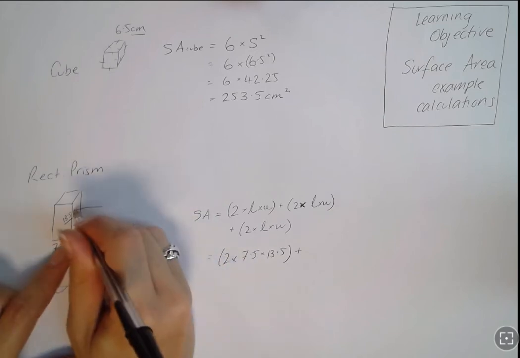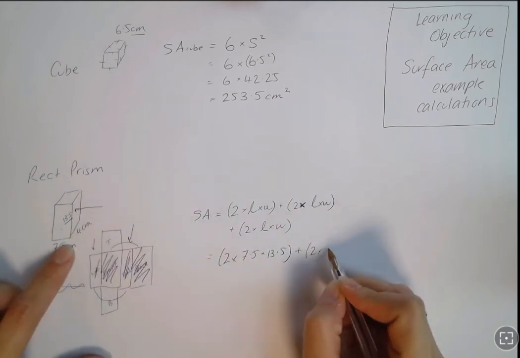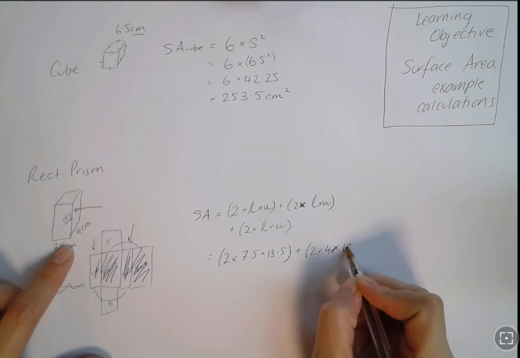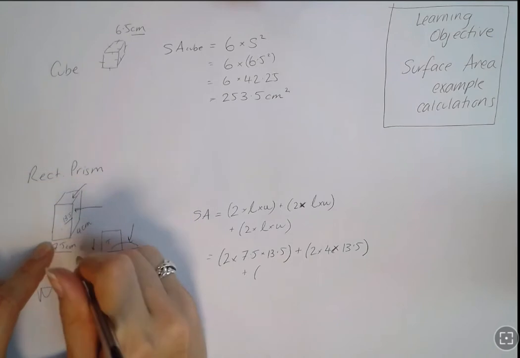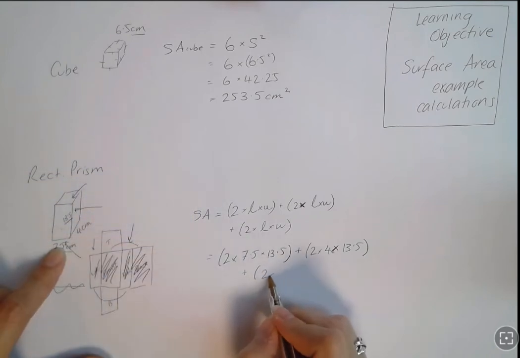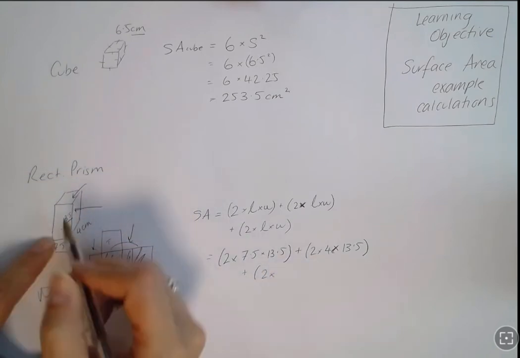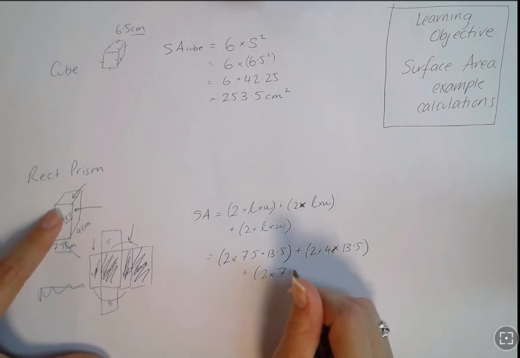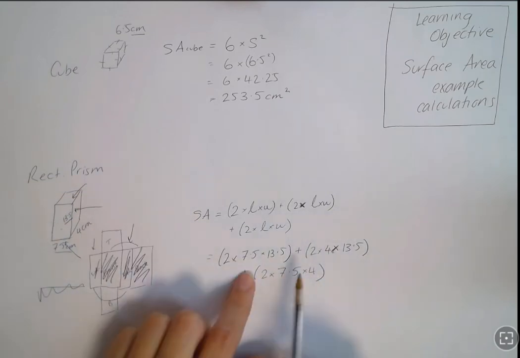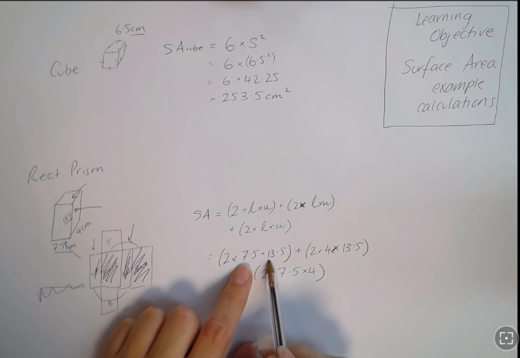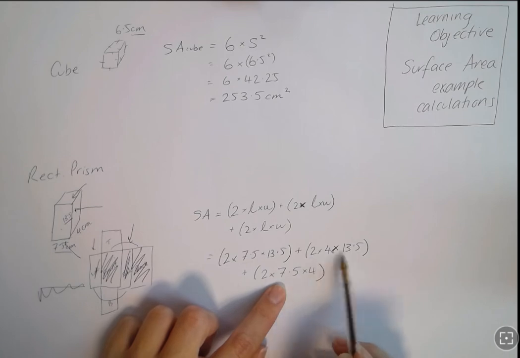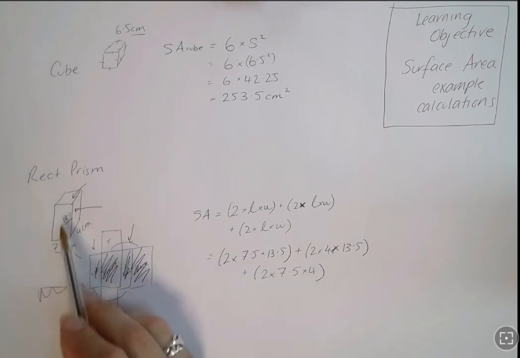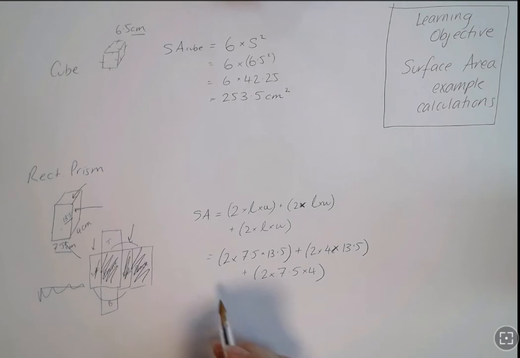So the sides are 4 times 13.5. We are also going to do the top and bottom. So we will have 2 times 7.5 by 4. If you have a look really carefully, we've got 7.5 and 13.5, so that's one combination. Then we've got 7.5 with the 4, that's another combination, and these are the 2 remaining. So at every point, these dimensions get a turn with the other dimensions.